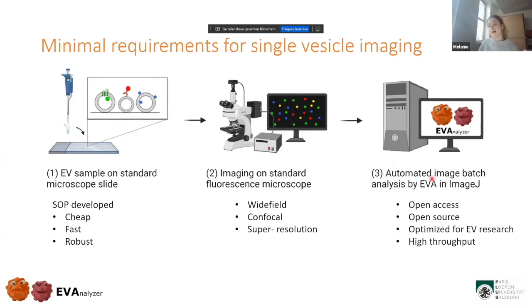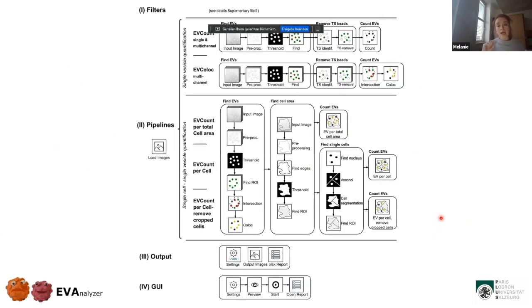And then we also have the EVAnalyzer, which is this plugin for ImageJ, which is open access and open source. And it's really optimized for images from the EV research, and also it's optimized to have a high throughput. Basically, the plugin consists of 4 different packages.